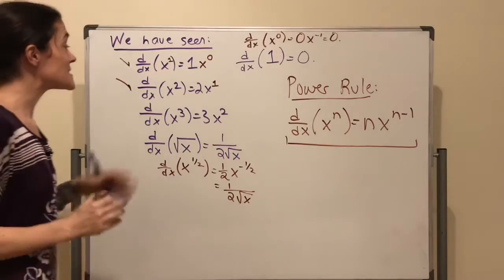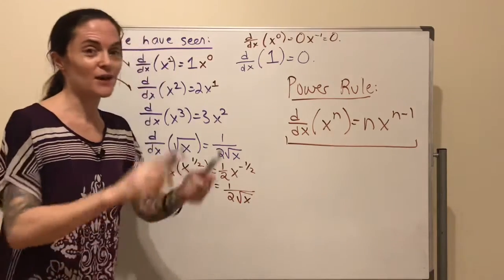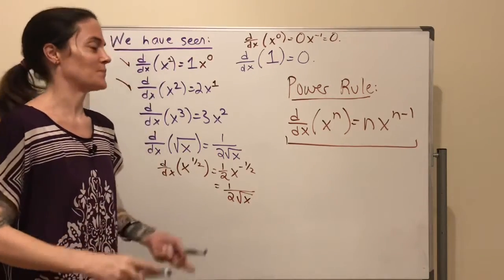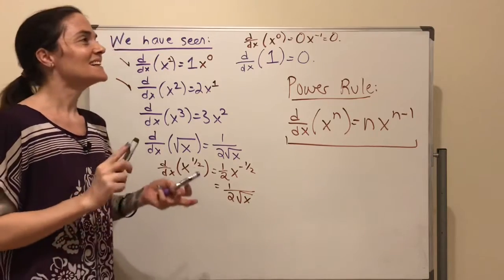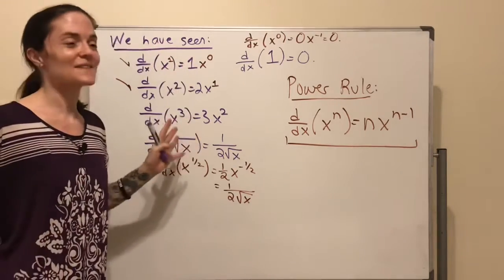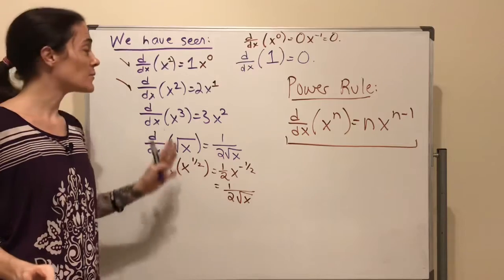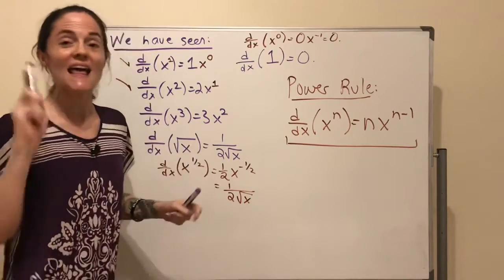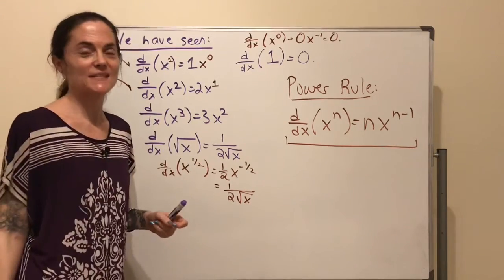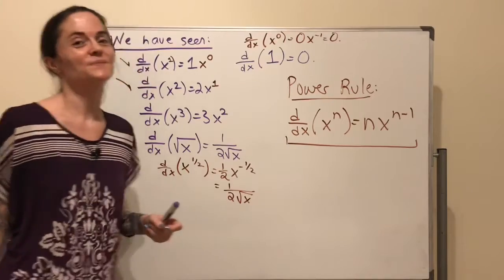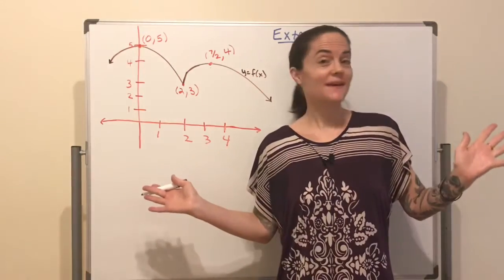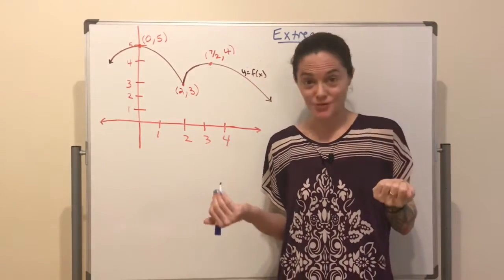So this is something you can use when you're doing intervals of increasing or decreasing, local max and min, absolute max and min. All of these we will discuss today. You can use the power rule unless you are asked to use the definition of derivative. Now for the topic of today, which is extrema.